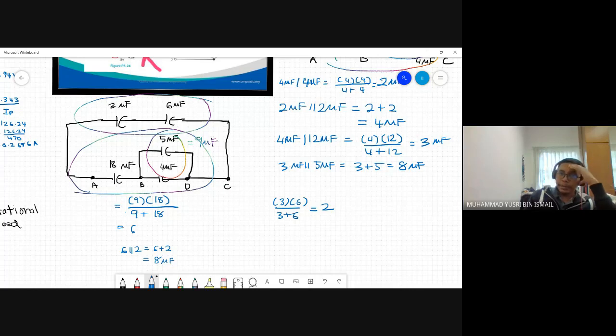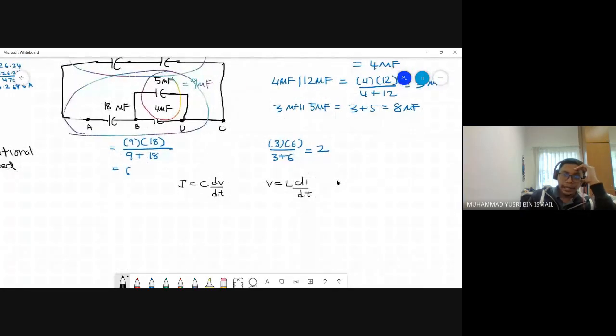Okay, any more questions? Remember the capacitor: I equals C dV over dt. Then V equals L di over dt.